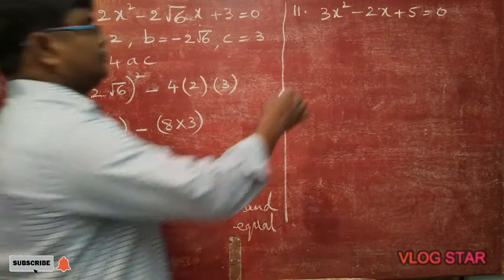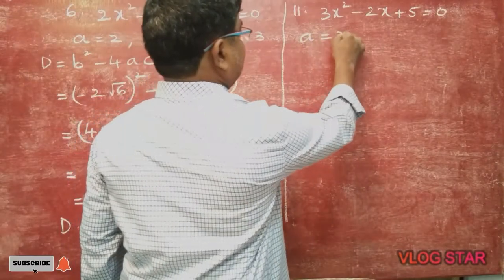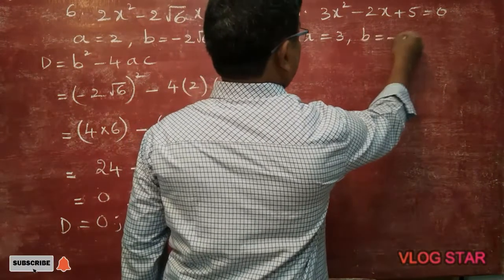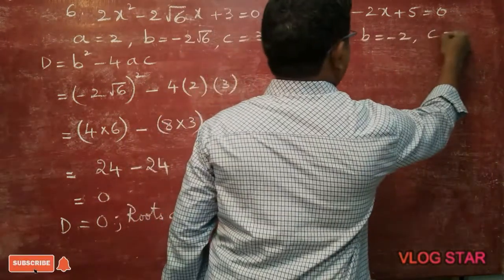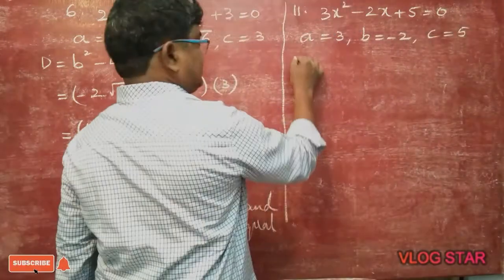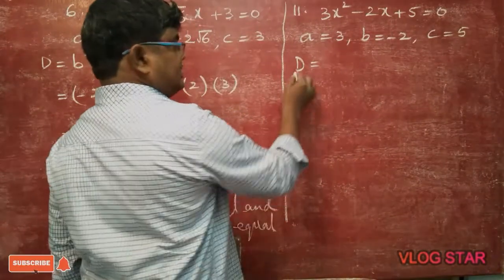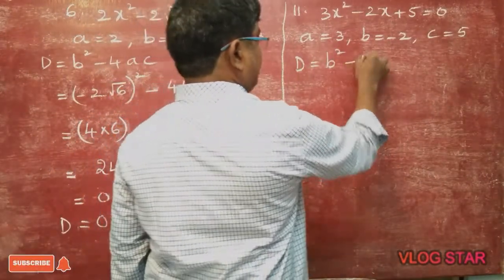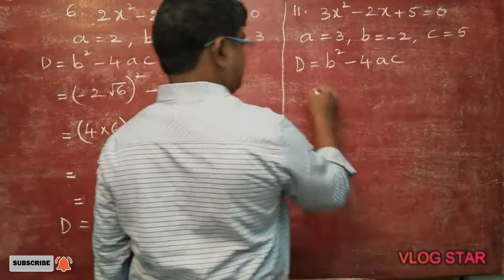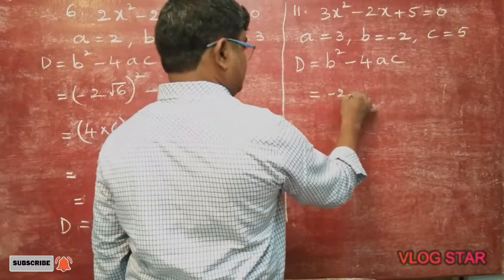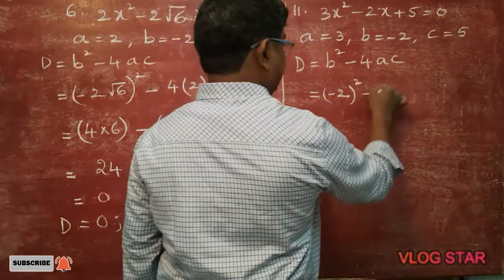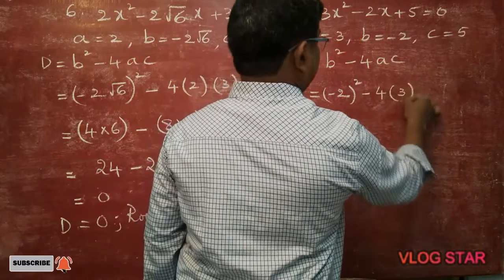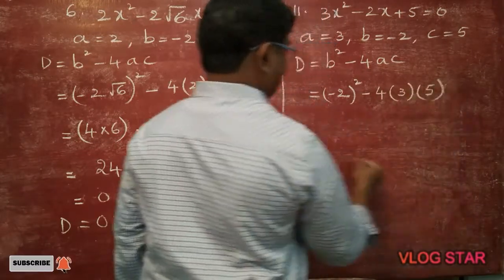Coming to the 11th problem. A is equal to 3, B is equal to minus 2, C is equal to 5. Now what is the formula for the nature of the roots? D is equal to B square minus 4AC. B square means minus 2 whole square, minus 4 into 3 into 5.